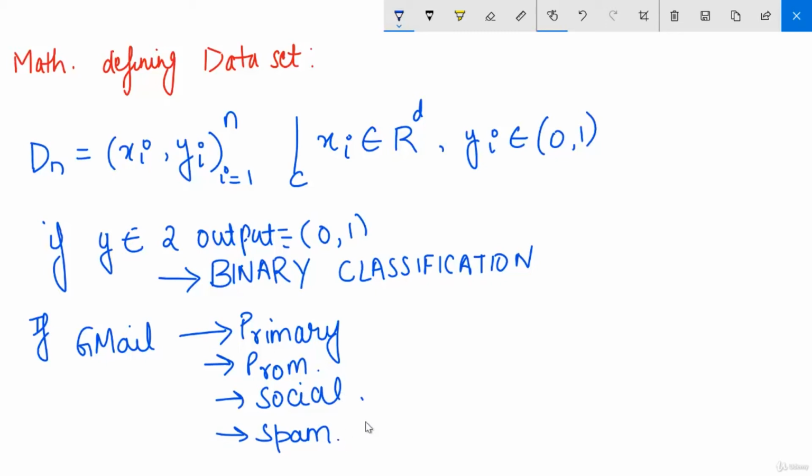So now, if someone is sending you a mail, there are four possibilities for the mail. It can go to primary, promotional, social, or spam. So this is no longer a binary classification.